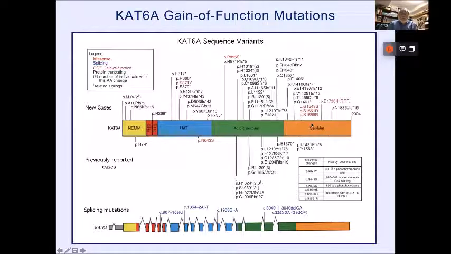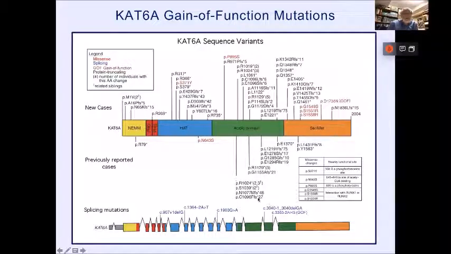And without going into the details, if you have an abnormal protein hanging around, sometimes by abnormal interaction with its pair, with its other proteins, it can actually increase the enzyme activity, increase the acetylation activity. One of the mutations where we believe the acetylation activity is increased is a so-called splice site mutation that affects this region of the gene.